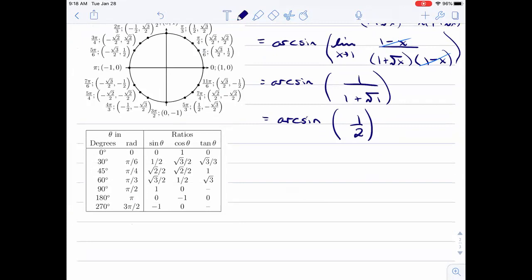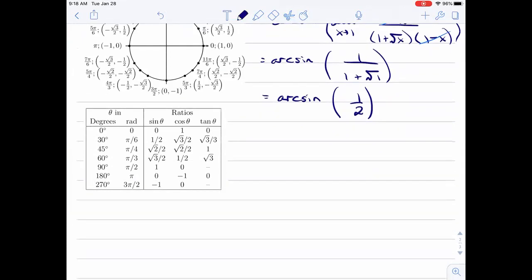Because if we know, okay, so arc sine is the inverse sine. Arc sine of x is the same as the inverse sine of x, right?